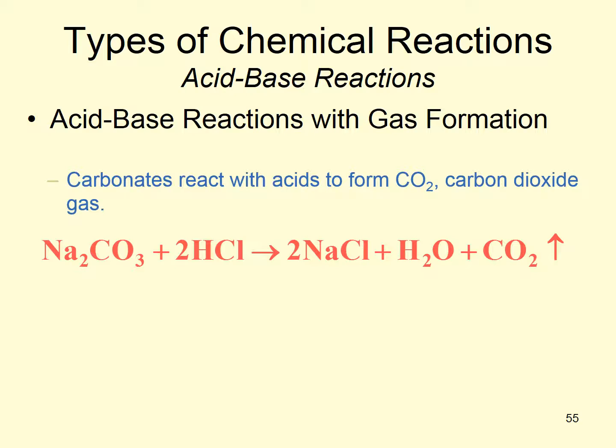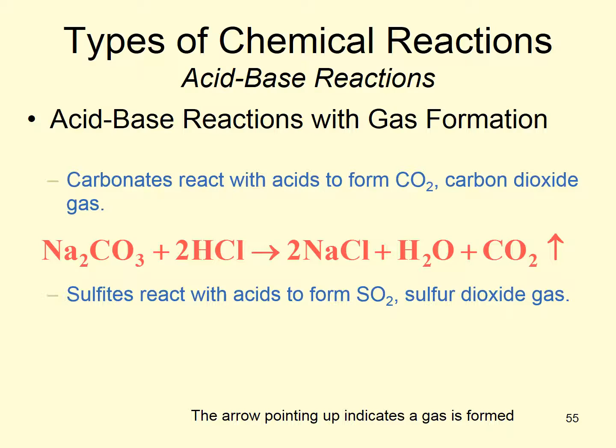However, it's not very stable in water, and so it breaks apart into H2O and CO2. That's the acid that happens to be in your sodas. CO2, when it's dissolved in water, forms carbonic acid, and then since it's not very stable in water, it'll evaporate, or it'll move on out. The arrow pointing up just means gas forming, like the arrow going down before was the precipitate forming.